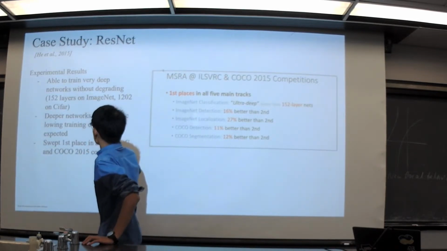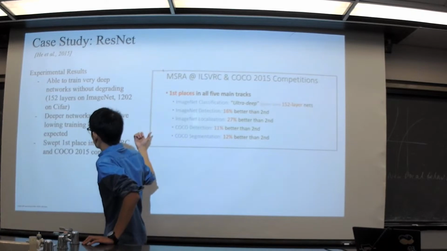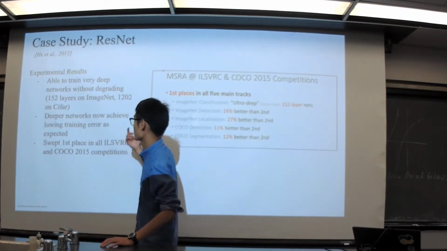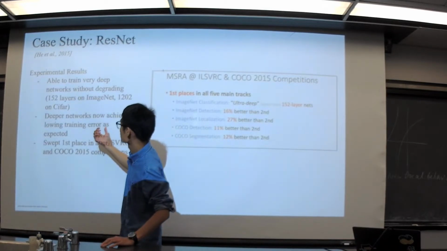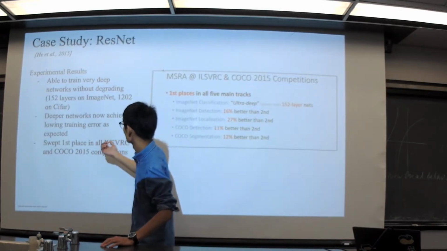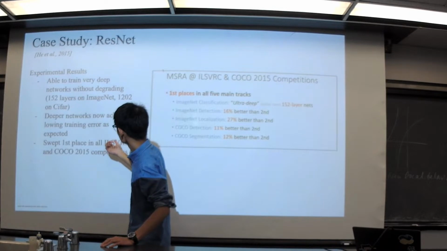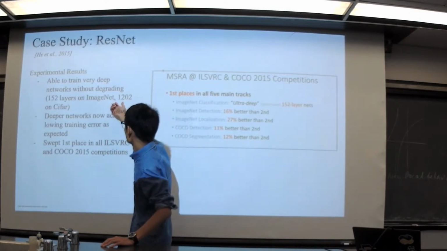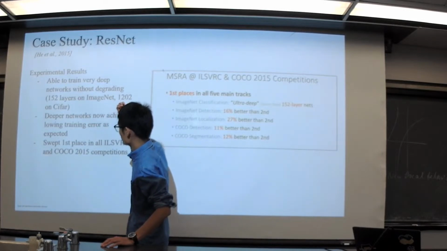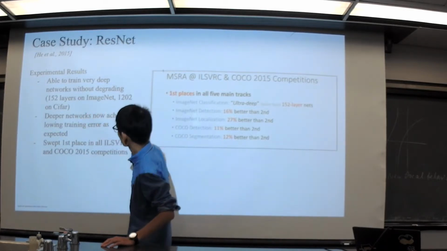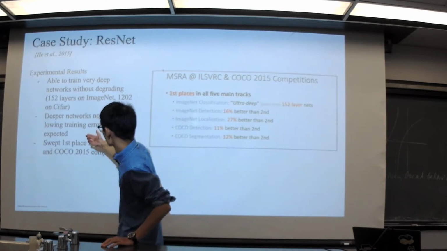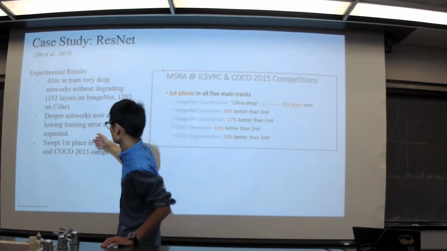The experimental results with the residual block, on ResNet: with the residual block, we are able to train very deep networks. Yeah, they have 1,202 layers on CIFAR-10. Deep networks now achieve lower training error as expected.